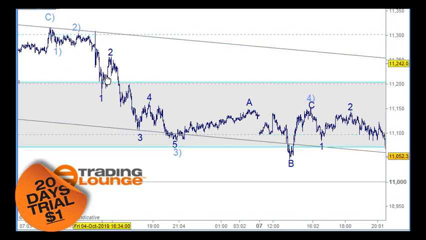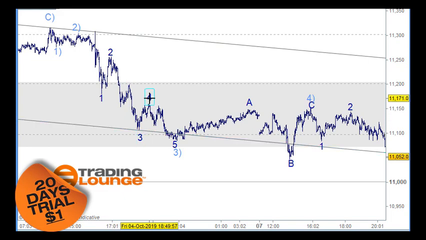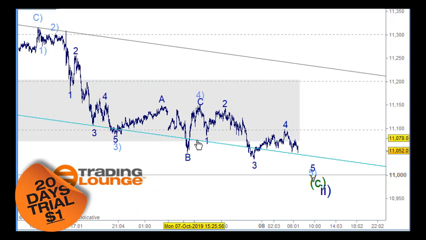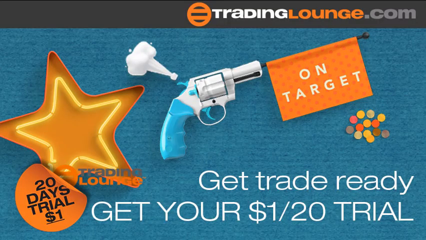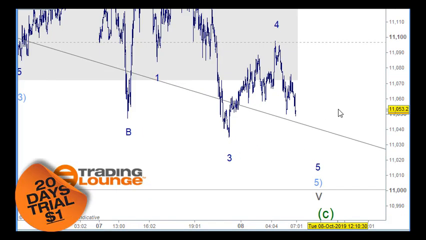Wave 1 and 2 here, then 1, 2, 3, 4, 5 for the third, the fourth, which can go to here as an ABC, 5 for the third here, then an A wave here, a B wave in 3, up for C for the fourth here, and then 1, 2, 3, 4 and 5 coming down. So we've still got one more to come down here.